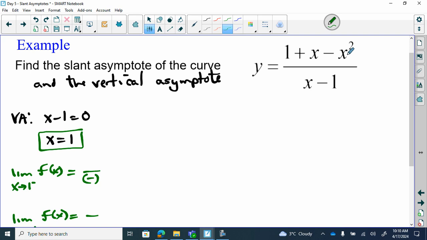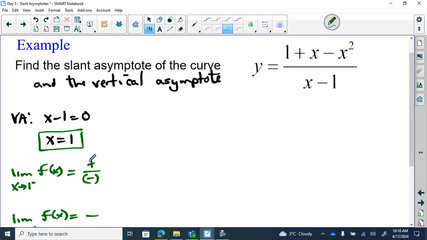Well, what's 1 times 1? 1. 0.9 times 0.9 is definitely less than 1, isn't it? So you're going to have 1.9 minus 0.81. What would that give you? What's 1.9 minus 0.81? Positive or negative? It's a positive.